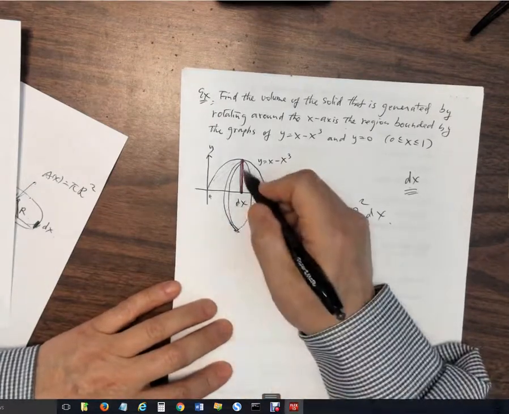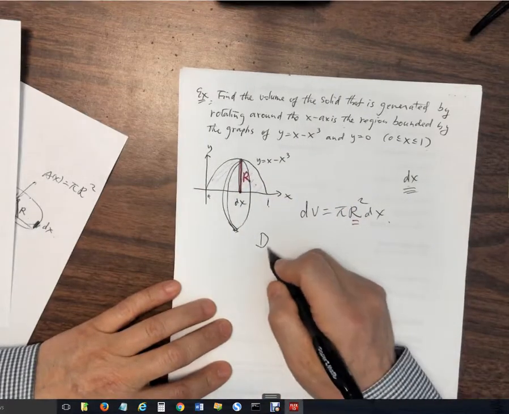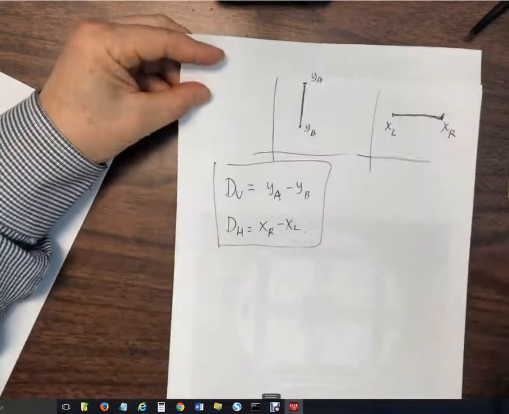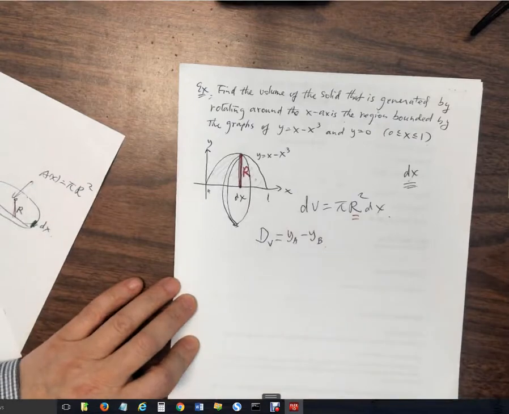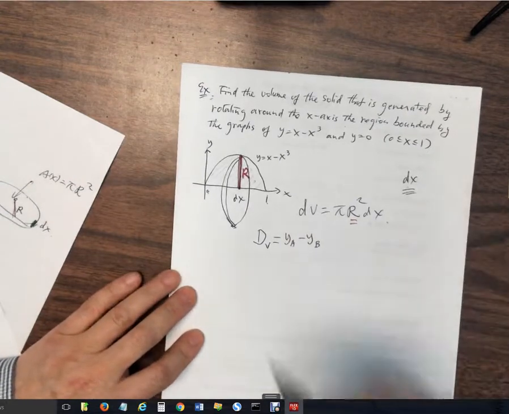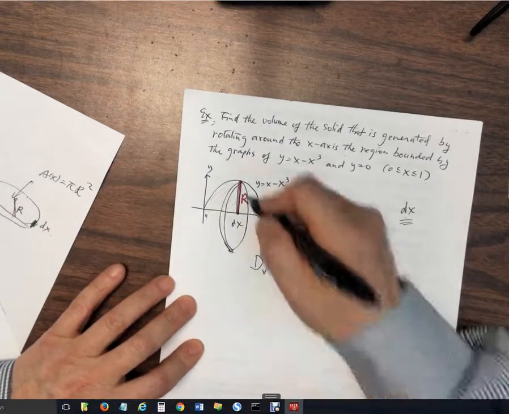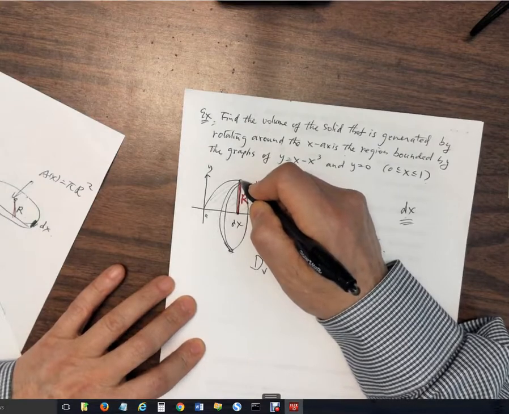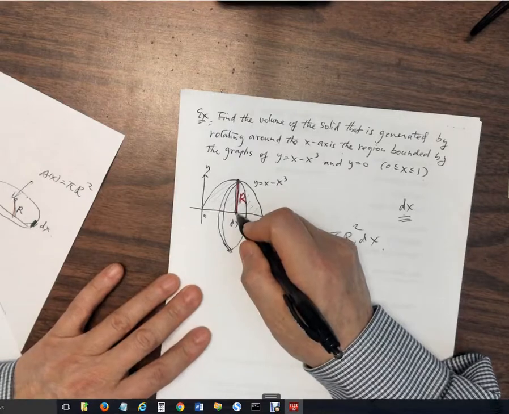Anyway, from the graph, we see the distance we're trying to figure out this time is vertical distance. Vertical distance, if you recall, is y_A minus y_B. Write it down. Very, very important. Okay, so when you look at the strip, y_A would mean the y value or y expression above. y_B would mean the y value or y expression below.